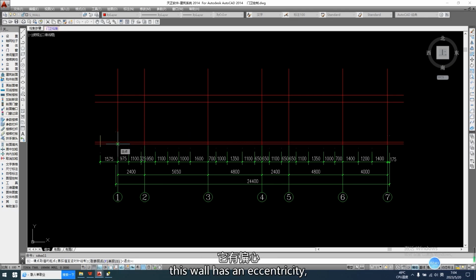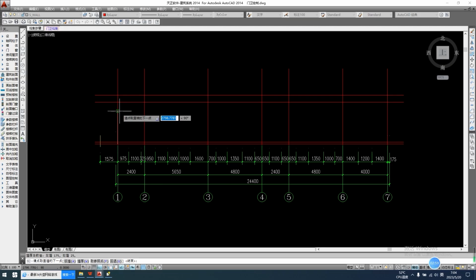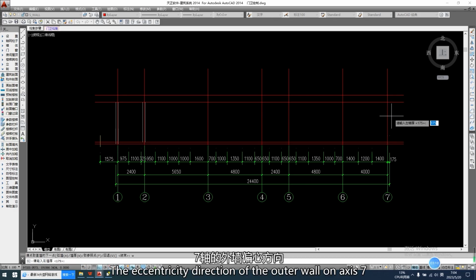We know that this wall has an eccentricity, so the left-hand side of the wall is 175, and the right-hand side is 25. The eccentricity direction of the outer wall on axis 7 is opposite to that on axis 1.